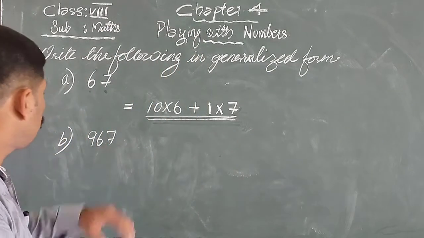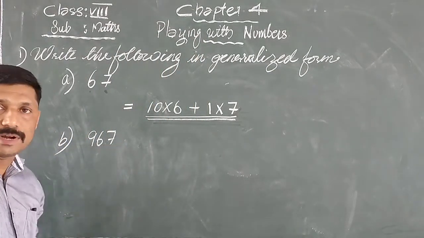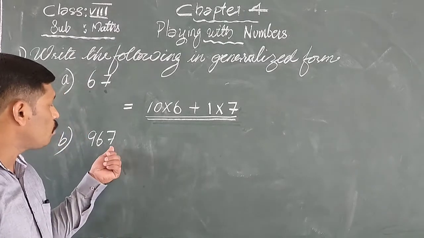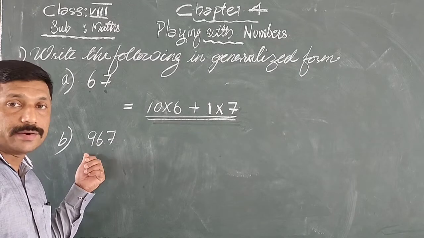Now we solve one more question. 967 is a 3-digit number and its places are ones, tens and hundreds.